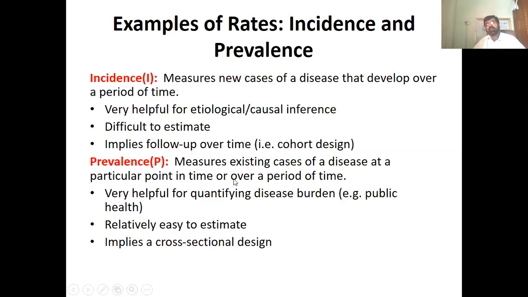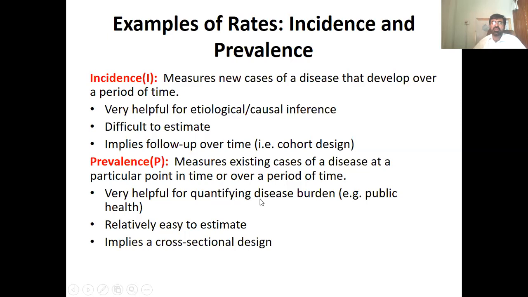For example, you are taking data in the first month and then you wait for 3 months. And whenever new cases come over the passage of time, the new and old cases combine together to make a prevalence. So that is a period prevalence. Very helpful for quantifying disease burden because you know the actual prevalence of the disease.